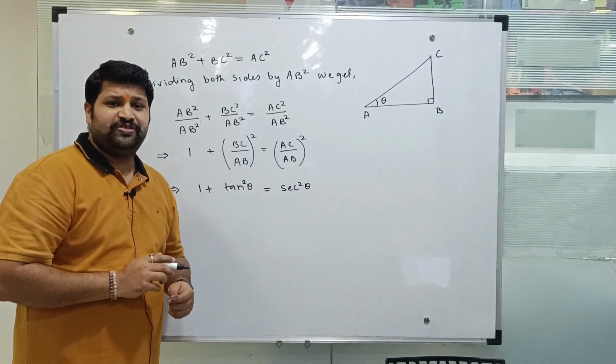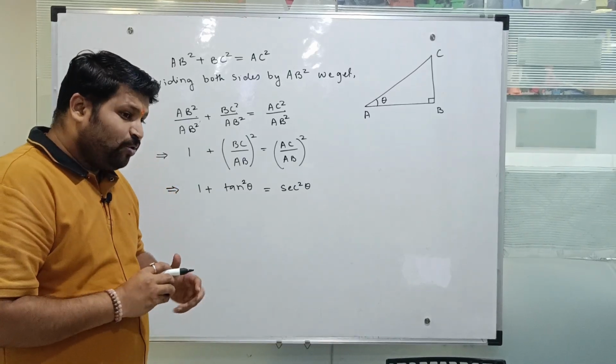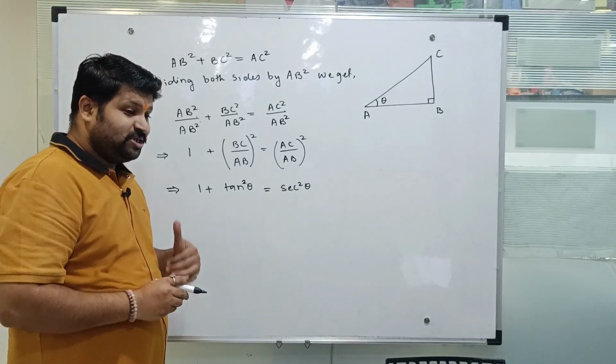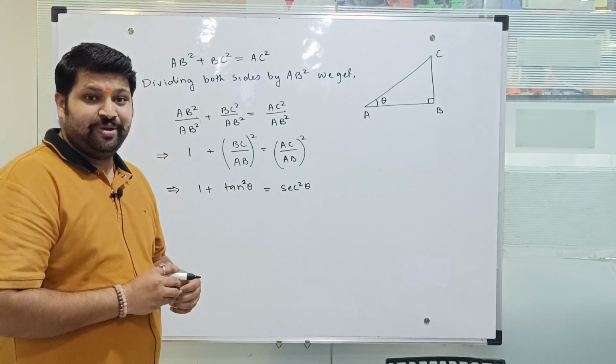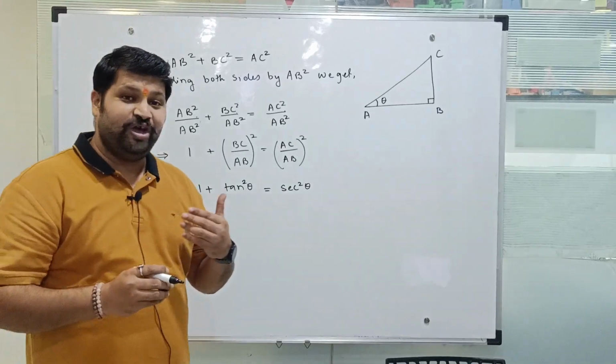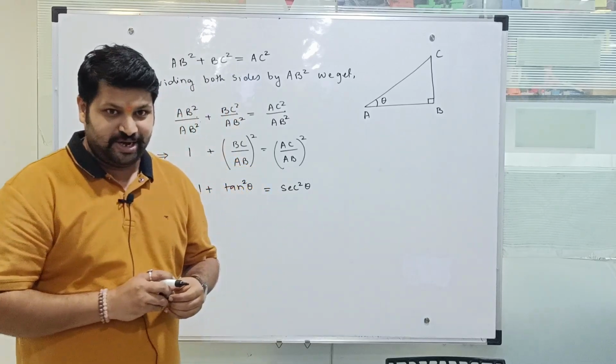This gives us the second identity that we were talking about. Now let us go ahead and just like the sine cos identity, we will modify and manipulate this identity to get various forms of the same identity.